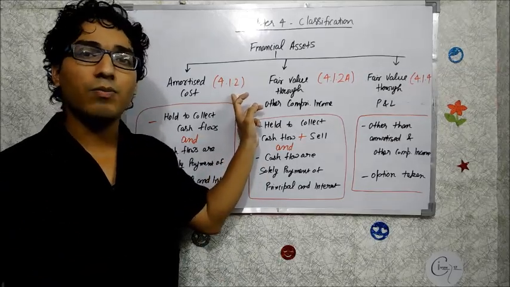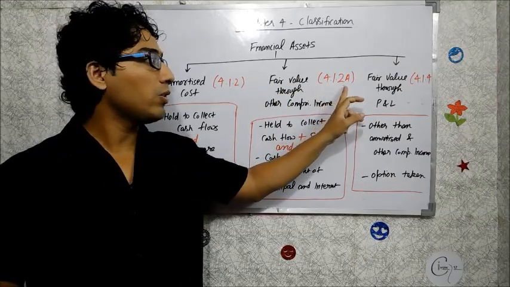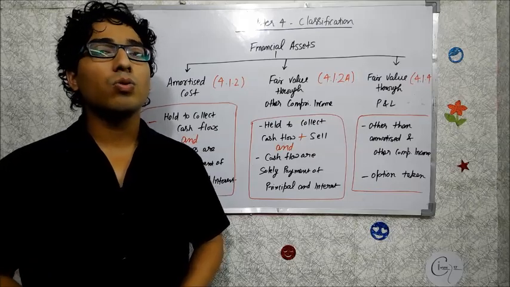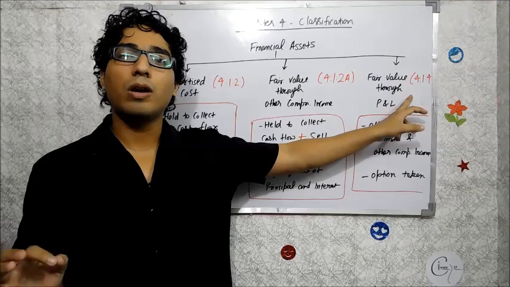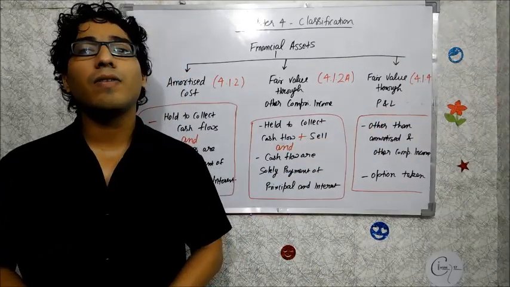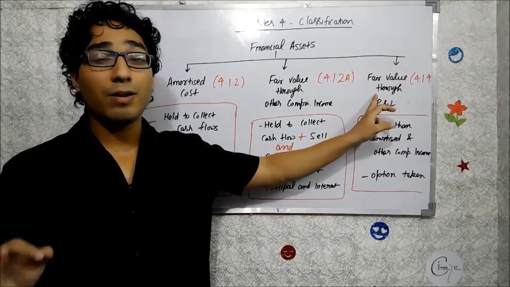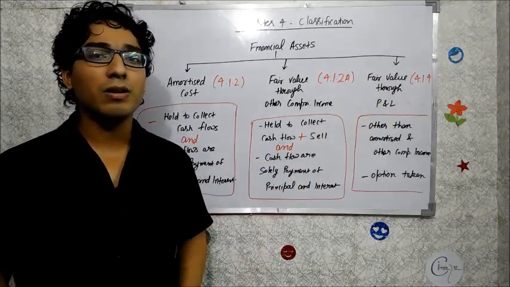Classification of financial asset into amortized cost is given in para reference number 4.1.2, and para reference number 4.1.2A is regarding the classification of financial asset into fair value through other comprehensive income, and then paragraph number 4.1.4 covers when you can classify the financial asset into fair value through profit or loss. Remember that we are not going to discuss how to give the accounting treatment.